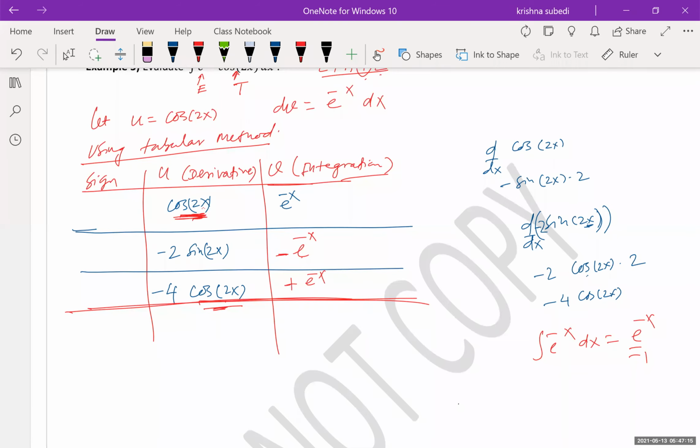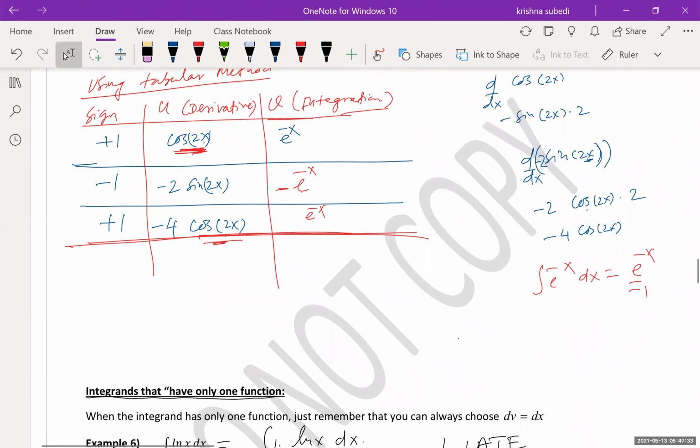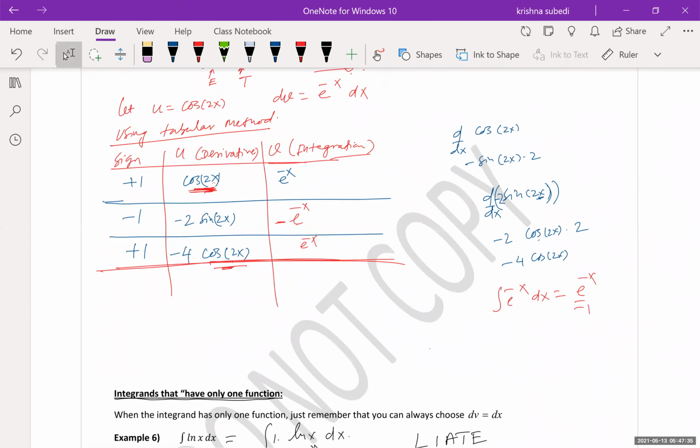I trust that everybody knows how to find the integration of this simple function. The signs will start with positive, negative, positive. So you're done. That's what integration by parts is.